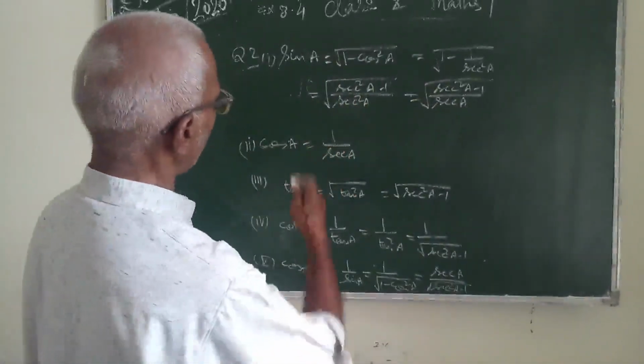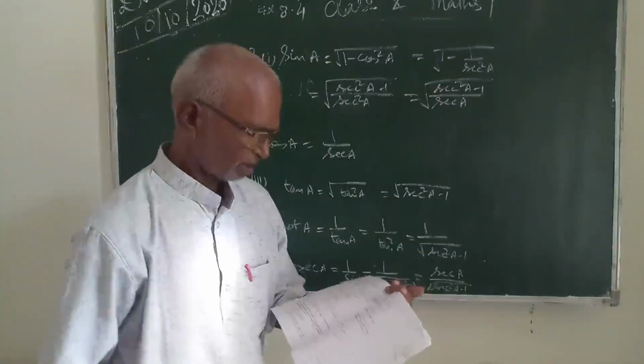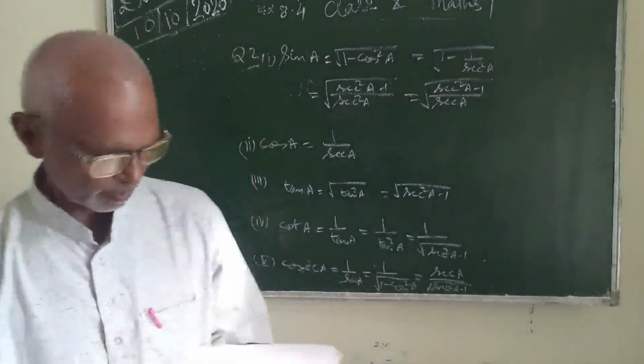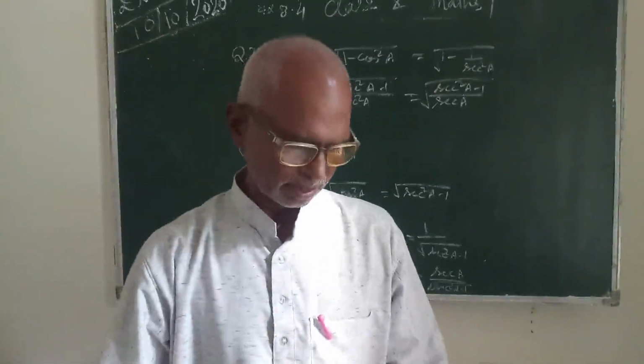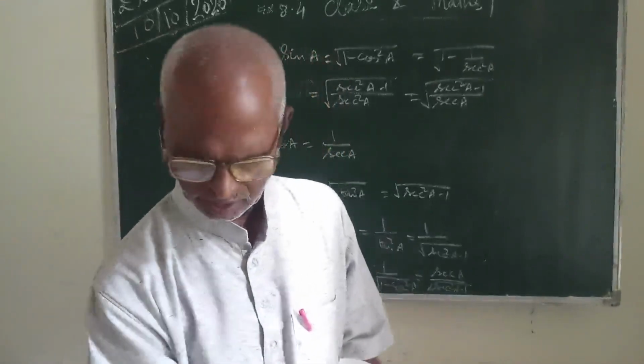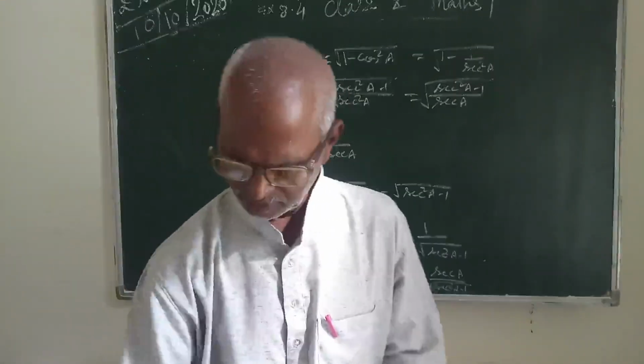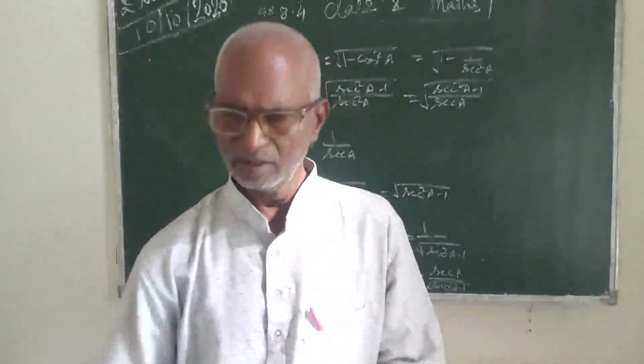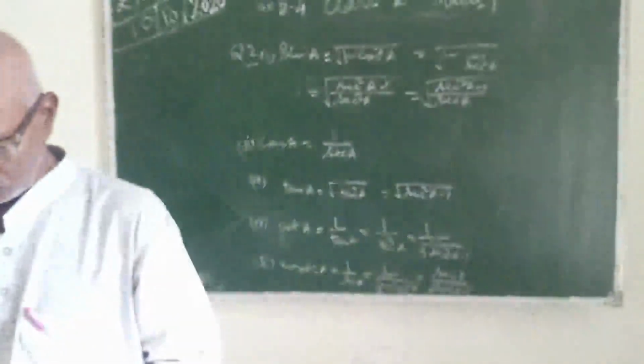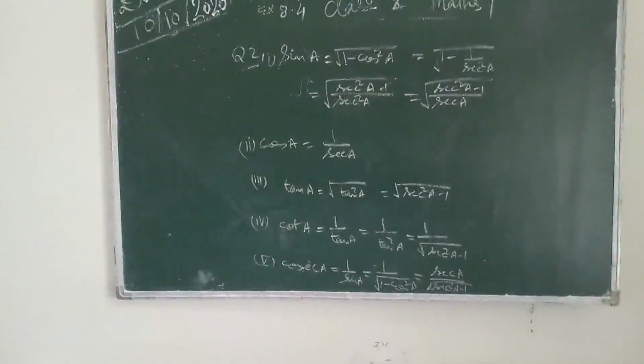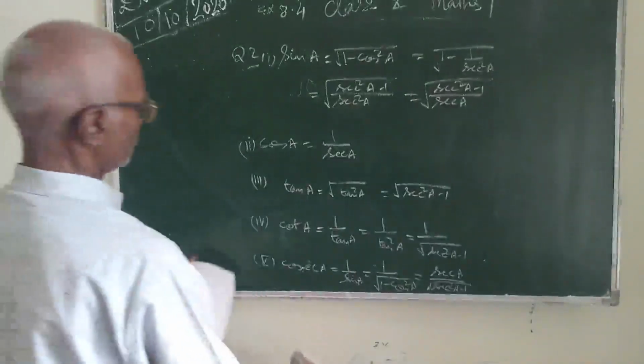So all 5 ratios of angle A can be represented in the form of sec A. Any ratio can be represented in terms of the other 5 ratios. Practice is required. Nothing is hard, it's simple.